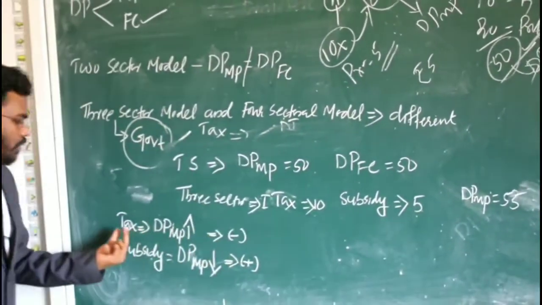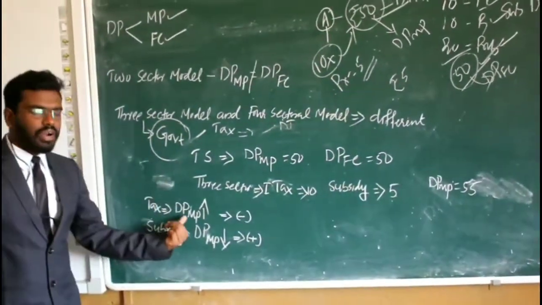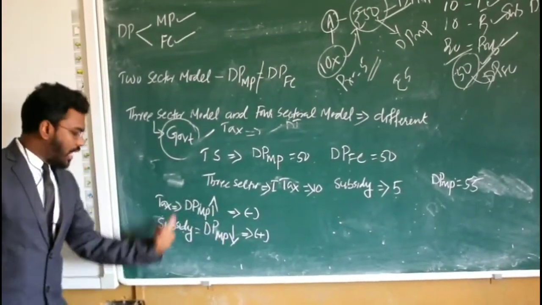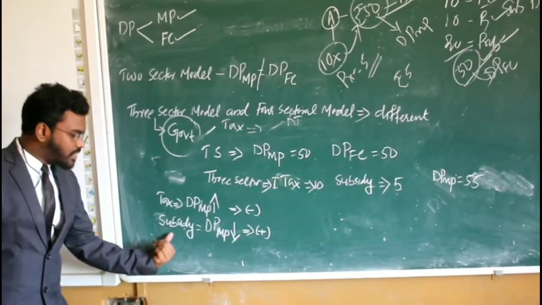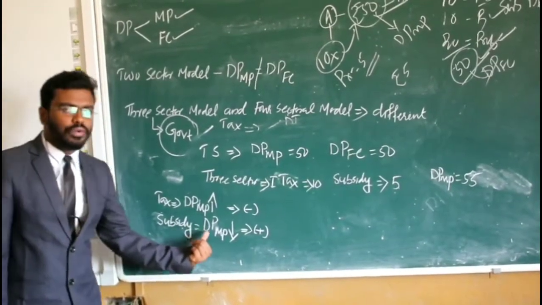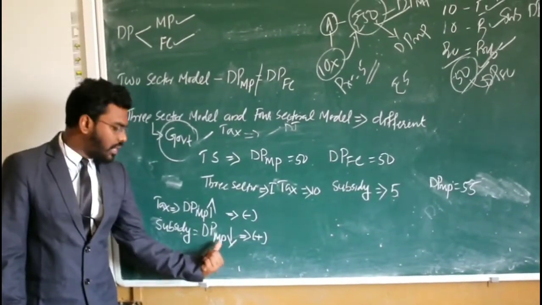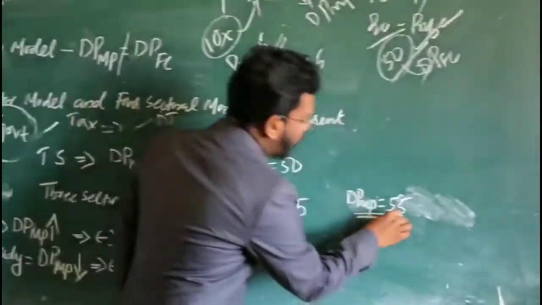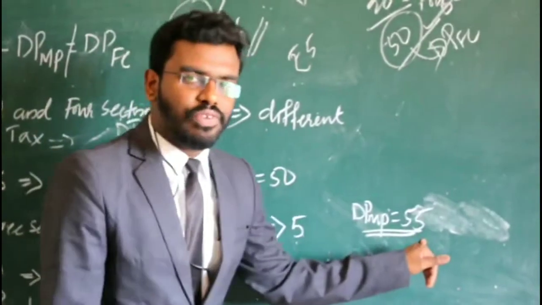When the government imposed tax on the producer, domestic product at market price will increase. And when the government provides subsidy, it will decrease.